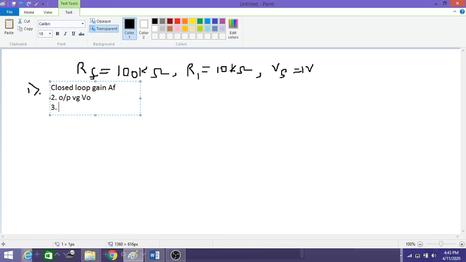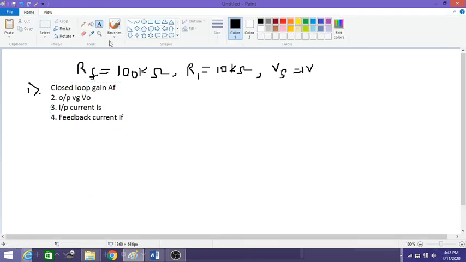Third, the input current IS. Then fourth, the feedback current IF. So these are the parameters we have to find. That's it, the circuit will not be given. Always remember that whenever we talk about the inverting amplifier case, the circuit remains constant. There is no change in the circuit. So you first write the circuit.